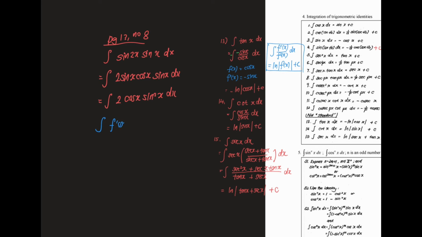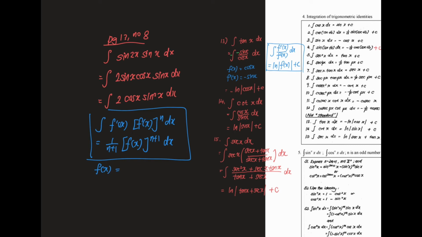So how we integrate after that is we use this formula. Integrate f prime of x times fx to the power of n dx equals 1 over n plus 1, fx to the power of n plus 1. So we use this formula to handle these questions. So first, we need to know that the one with power is sine x. So we call it fx, and then I differentiate it. I know that differentiation of sine x is cos x.